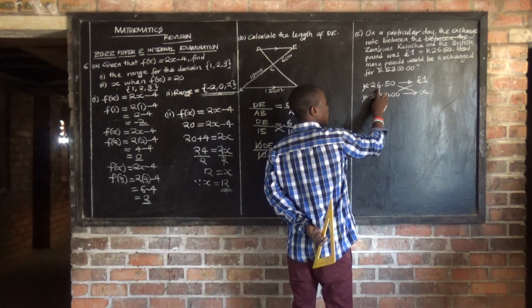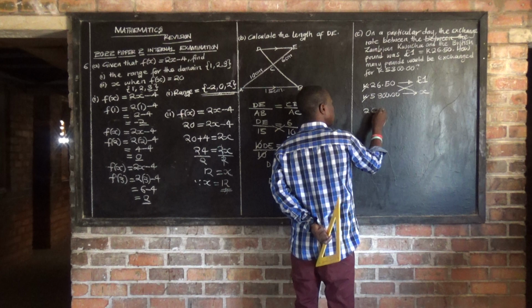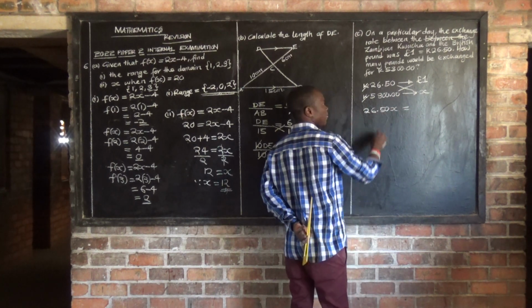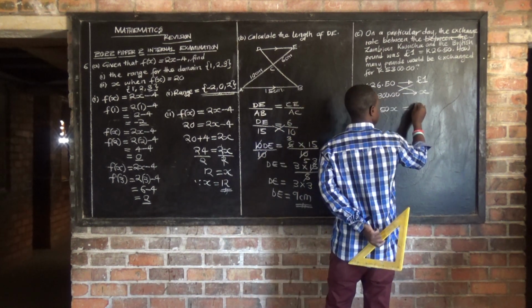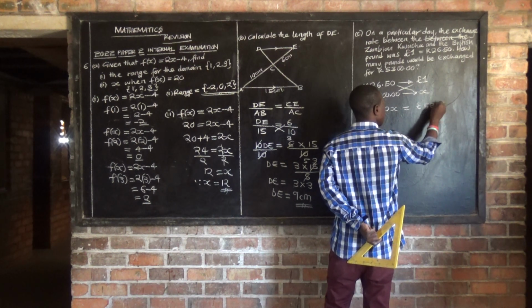So 26.50 times x, you get 26.50x equals, when you multiply 5,300 by 1 British pound, you get 5,300.